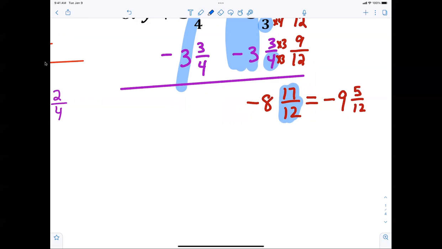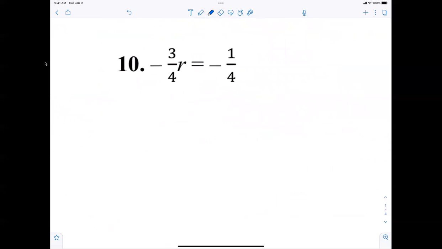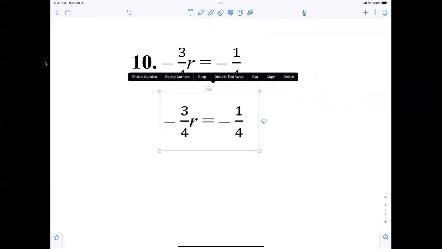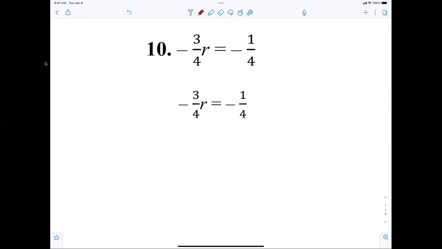Now again, good review. If you're not sure, now's the time because you're going to have very similar problems on the odds. All right, so here we go. Let's take a look at 10. Okay, we're multiplying by a fraction. So how do I undo multiplying a fraction? How do I get rid of the negative 3/4?